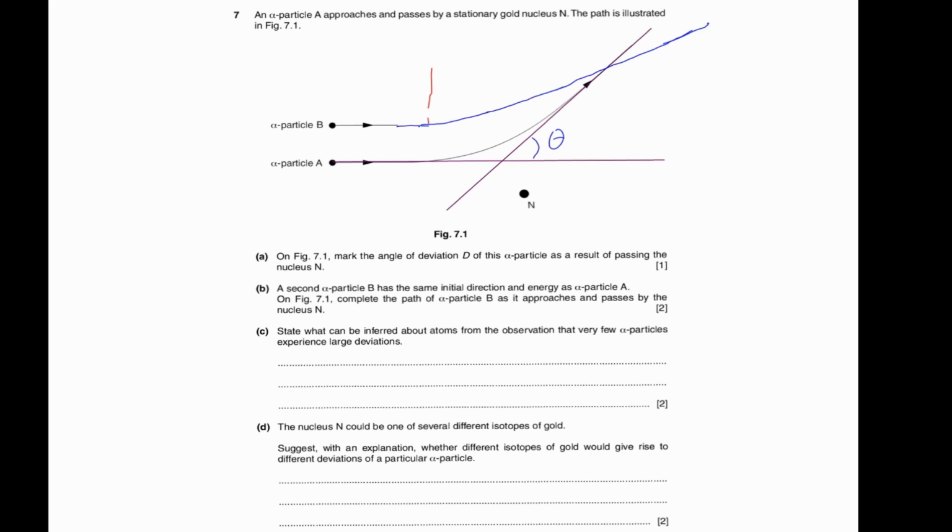But also remember, the deflection is due to the charges within your nucleus. Now if all isotopes have the same number of protons, which means the same number of charges inside here, therefore the deflection will not be affected, because the deflection of the alpha particles basically is caused by the repulsion due to the nucleus.